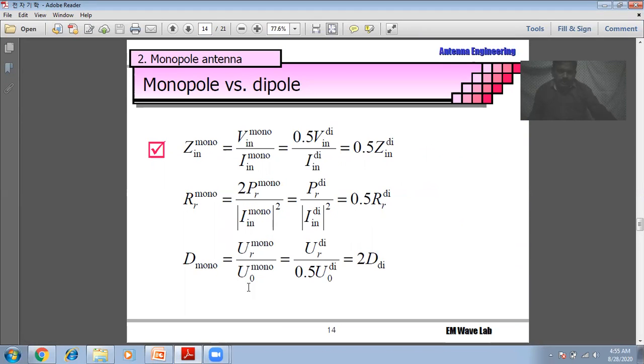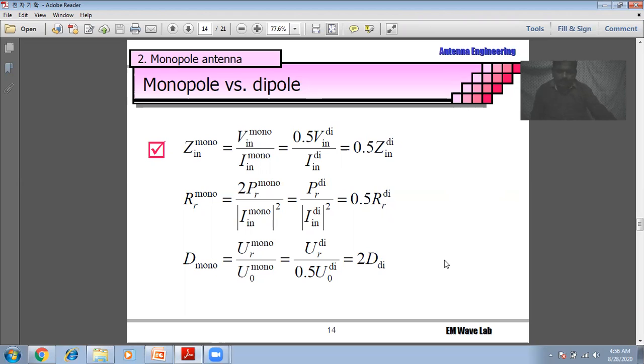Similarly, come to the directivity. What is the directivity of this monopole antenna? It is twice the directivity of the dipole antenna. Why is it twice? If you see, the radiation pattern of this monopole antenna is half that of the dipole antenna. Since the radiation pattern is becoming half, the half power beam width is also becoming half.